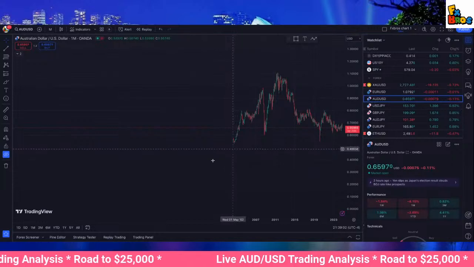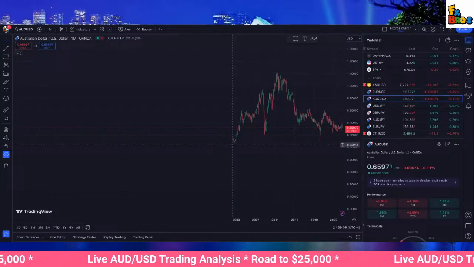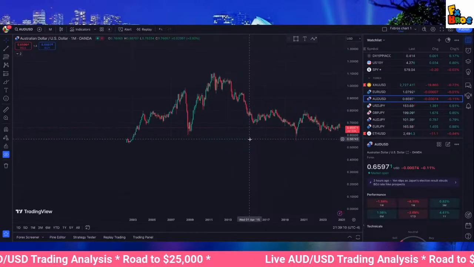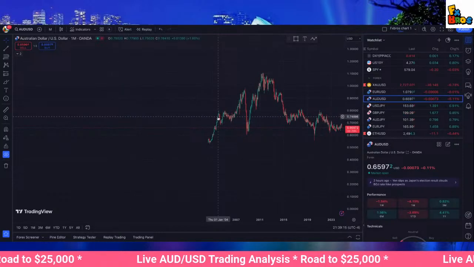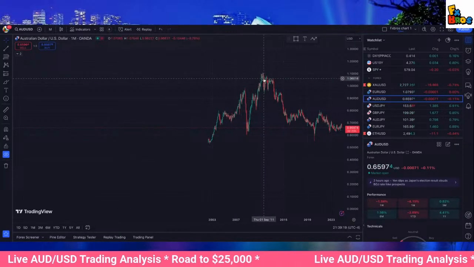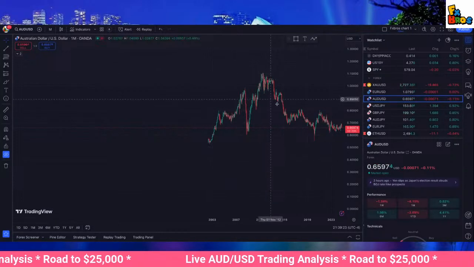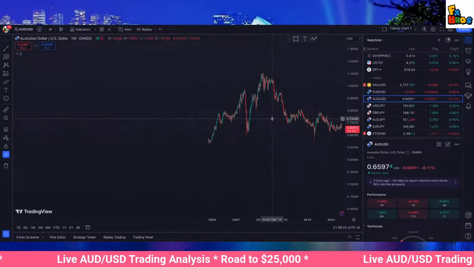Like AUD dollar. How far y'all candles go back on a monthly? To 2000? Probably the same as yours. That's when that company started carrying it. Yeah, it's definitely been bearish since 2011. That's what I'm trying to say. Overall, this ain't a bull market. This is a bear market.